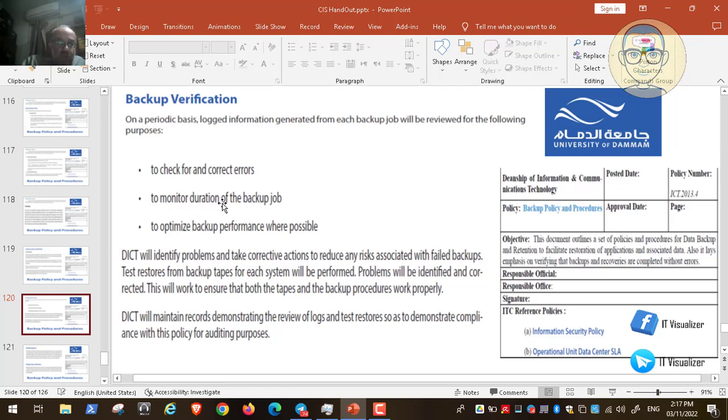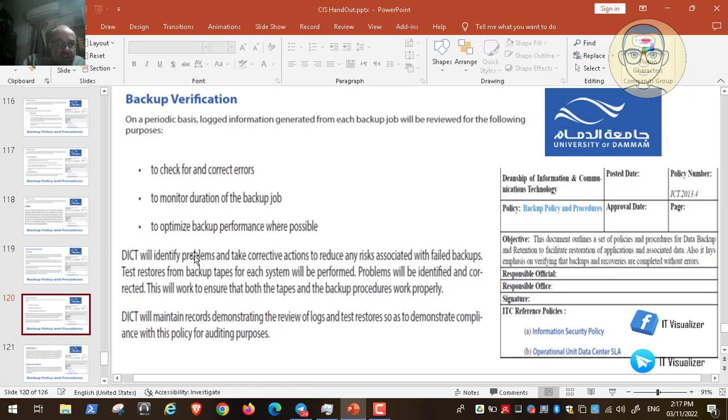For example, maybe you are backing up a lot of data, so you can reduce the backup job duration by reducing the amount of data being backed up. Maybe you take some of this data and archive it, so the time of the backup would be less. This is about optimizing backup performance where possible, reducing the data volume to reduce the duration of the backup.